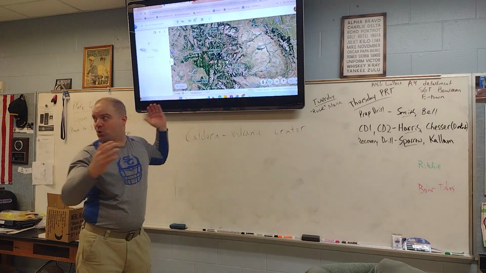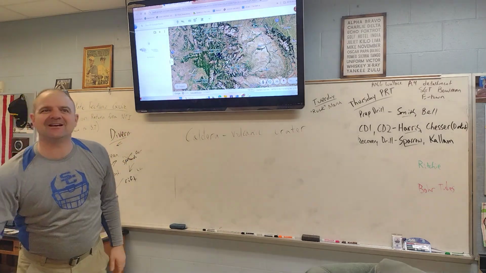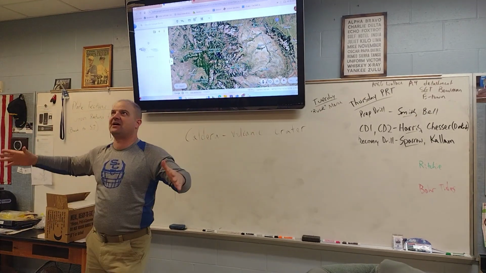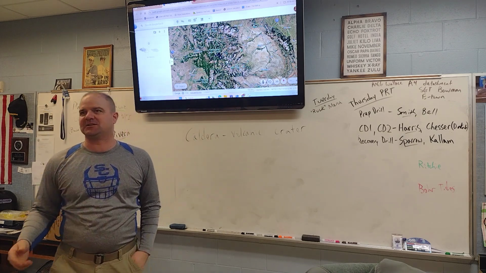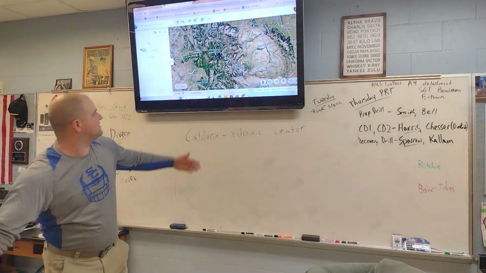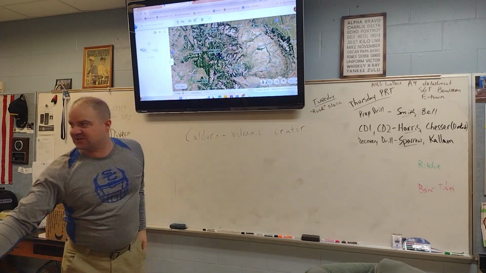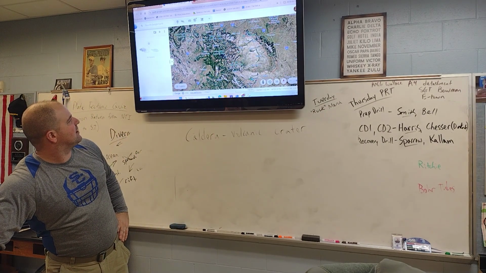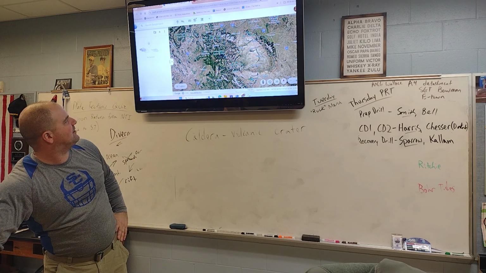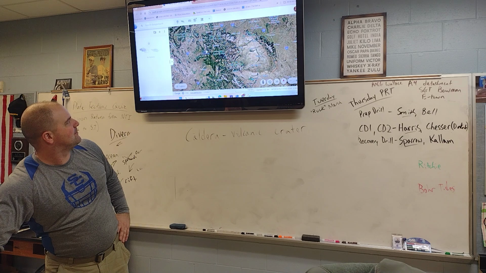But it's so huge that it doesn't look like what we have in our mind as a stratovolcano or a cone volcano. It doesn't look like that. It doesn't look like a shield volcano because it's got this big drop off in the center. Okay? Guys, do you see these little ripple mountains around here? This is the rim.